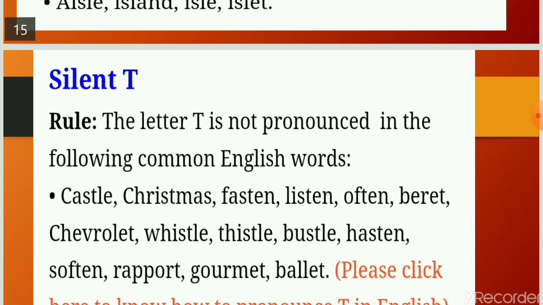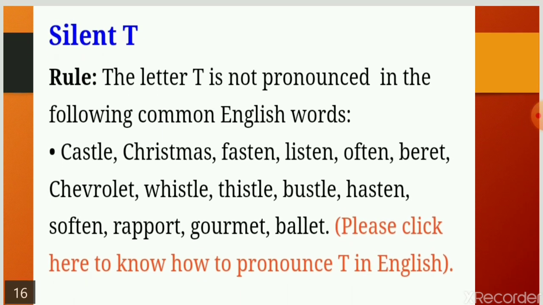Now we're going to move to the silent T. The letter T is not pronounced in the following common English words. Here are some examples: castle, Christmas, fasten, listen, often, beret, Chevrolet, whistle, thistle, bustle, hasten, soften, rapport, gourmet, and ballet.